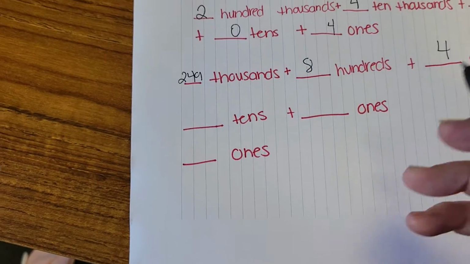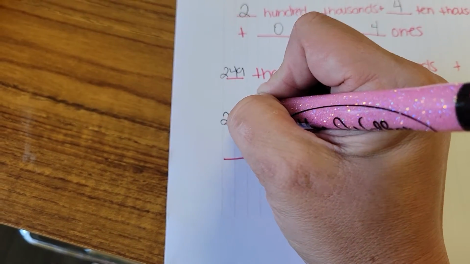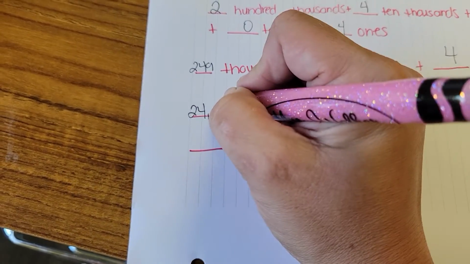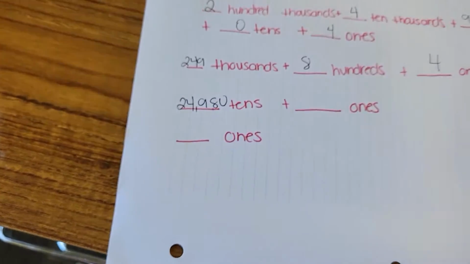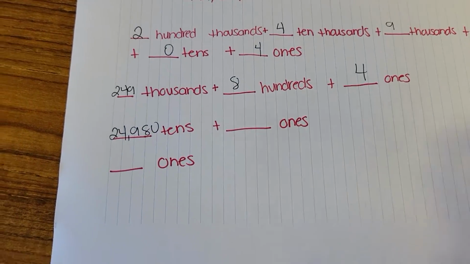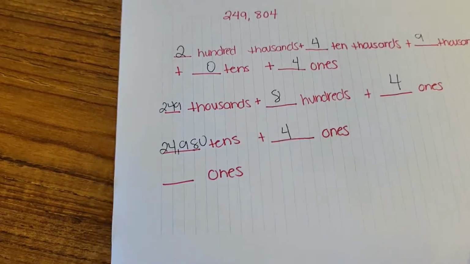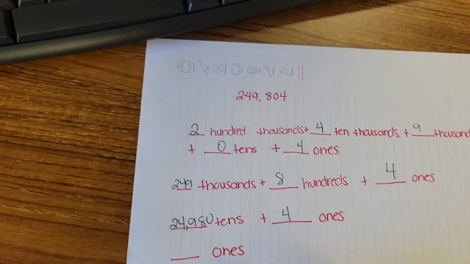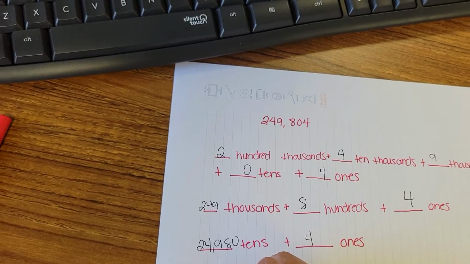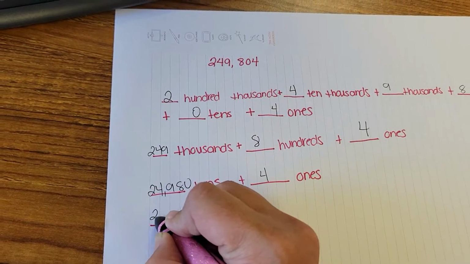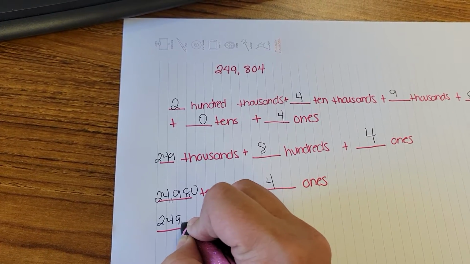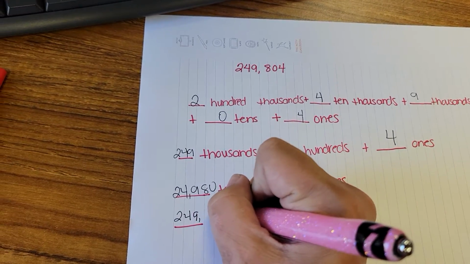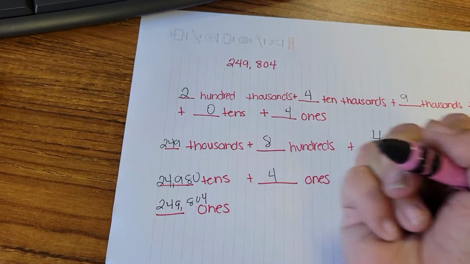So over on my paper, I have 24,980 tens and 4 ones. Then last but not least, part D, if I'm counting all by ones, then I have 249,804.